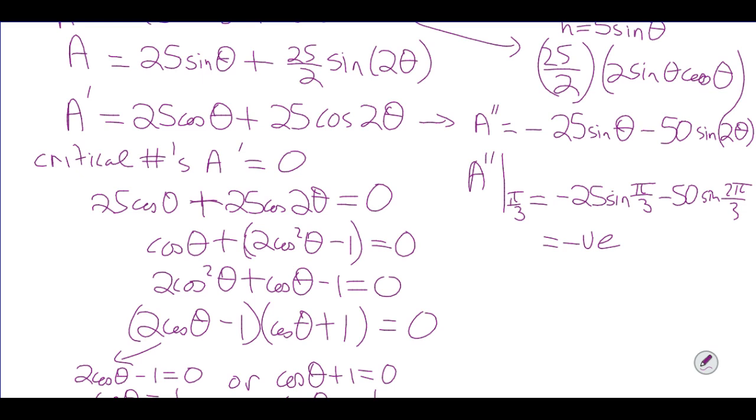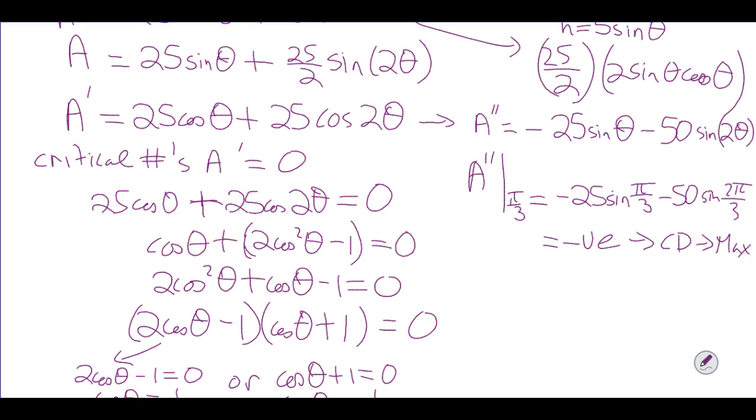That's negative, right? Sine pi over 3 and sine 2 pi over 3 are both positive. I'm not going to work it out. It's negative. Therefore, it's concave down, and therefore it's a max. You could work it out if you really wanted to.